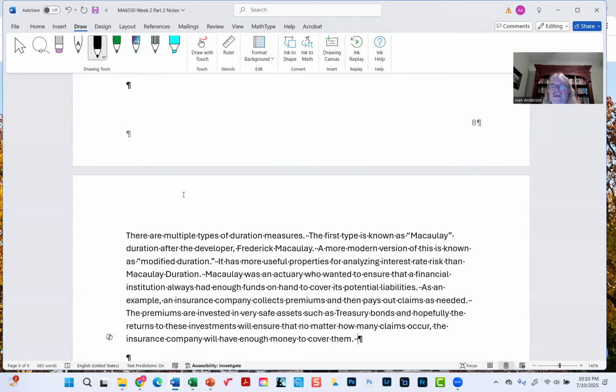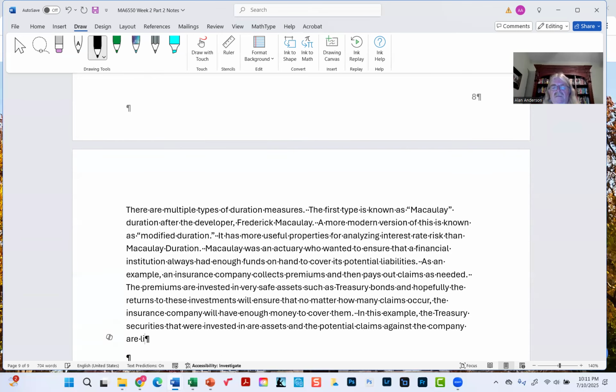So, in other words, what you're trying to do is say, in this example, the invested premiums or the treasury securities that were invested in are assets, and the potential claims against the company are liabilities, meaning that we potentially could have to pay out money.